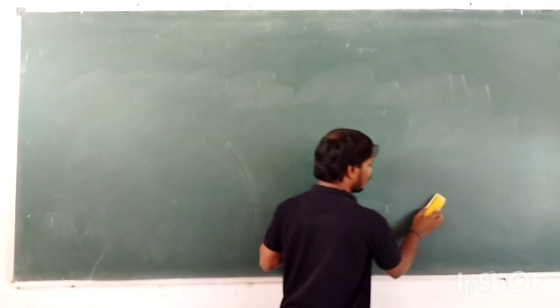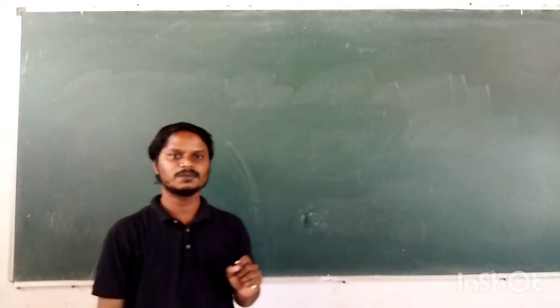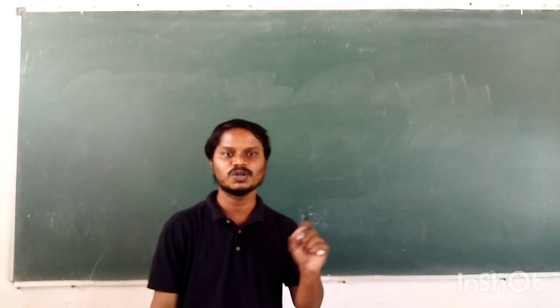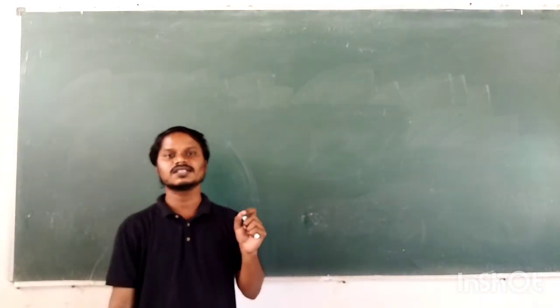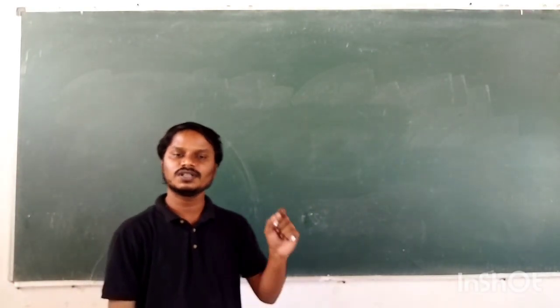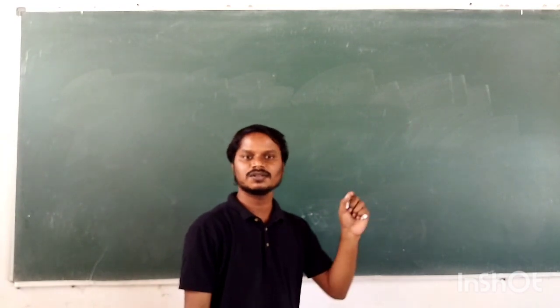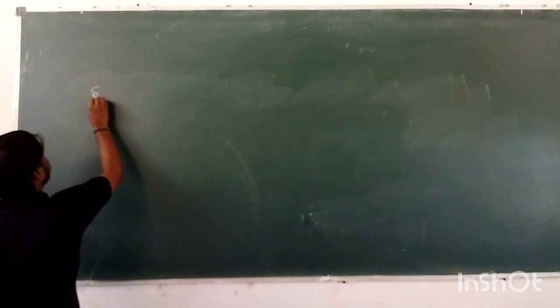Okay. So next one, when is the torque acting on the body maximum and when is it minimum? When the torque acting on the body is maximum, tau is equal to R into F. When it is minimum, tau is equal to 0. See here, special cases.